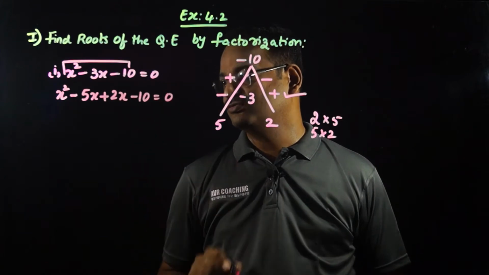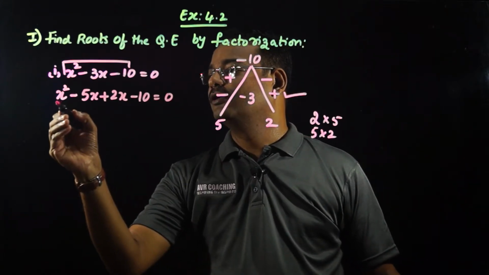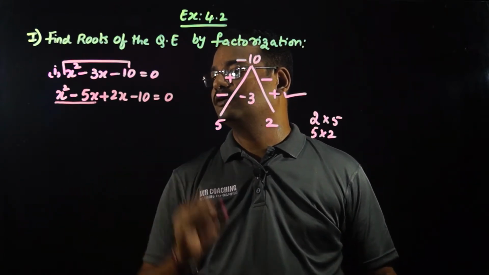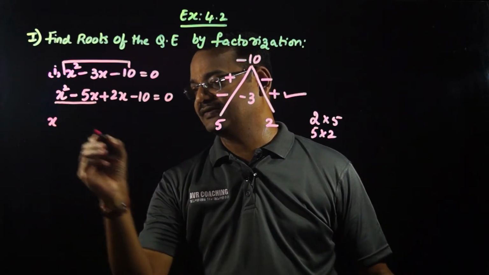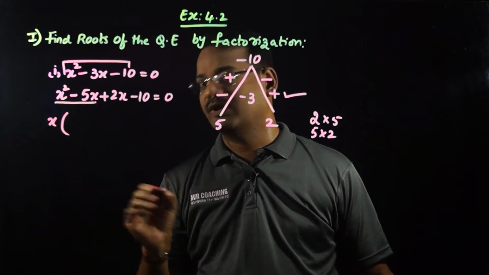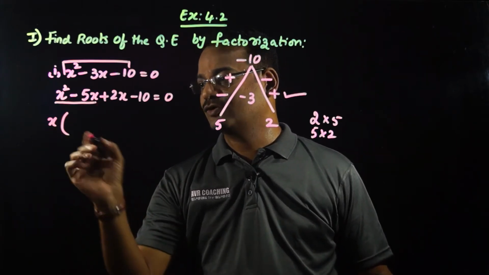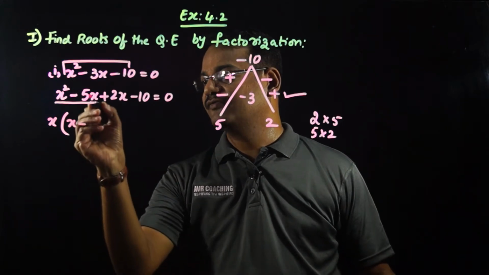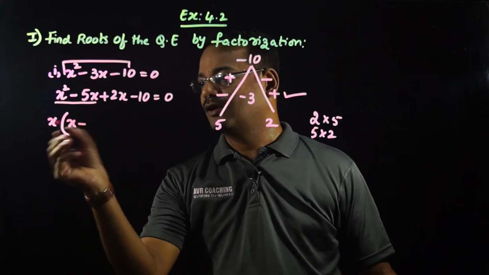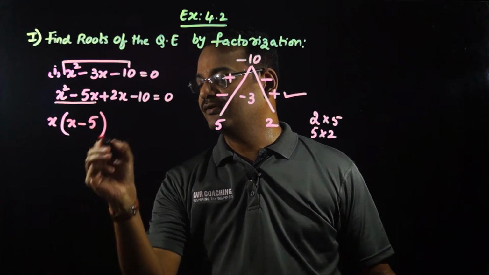Now in this equation the common factor in the first two terms, x square minus 5x, is x. So out of x square we got x as a common, so the left out is x, minus from 5x we got x outside the bracket, so we get 5.